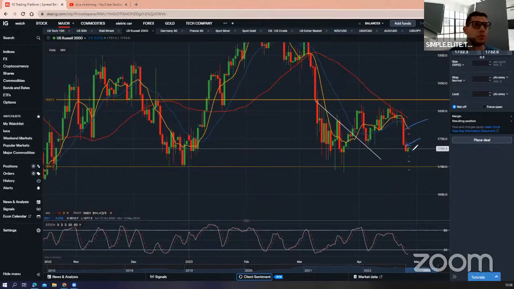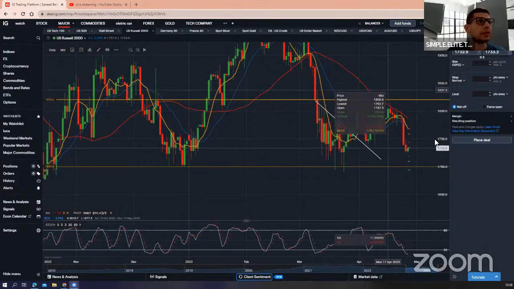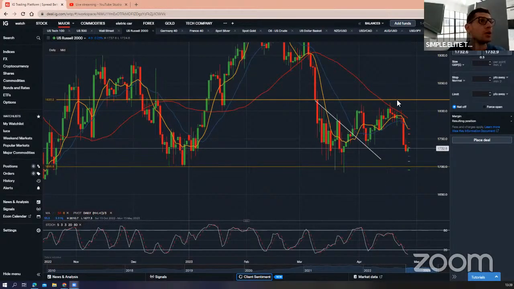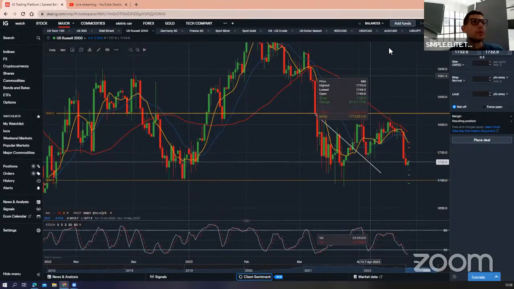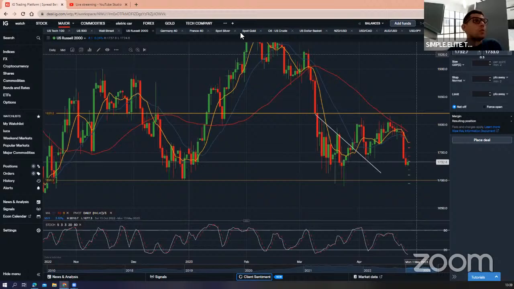It will be pushed down as well, so we could probably see it reaching this 1,700 level again. So again, it's just waiting time for now. It's not the greatest chart at the moment, but we are here waiting for the best opportunity.